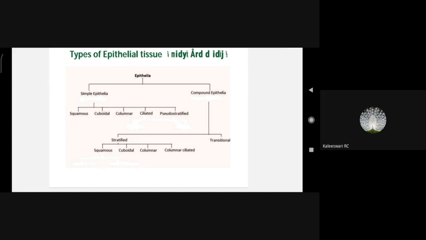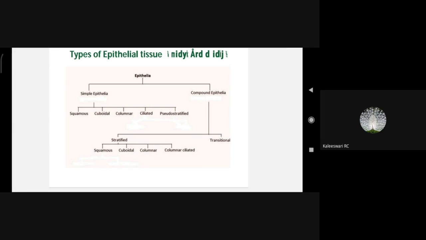Compound epithelia is further divided into stratified and transitional. Stratified epithelia further divides into squamous, cuboidal, columnar, and columnar ciliated. So we will study all these in detail.